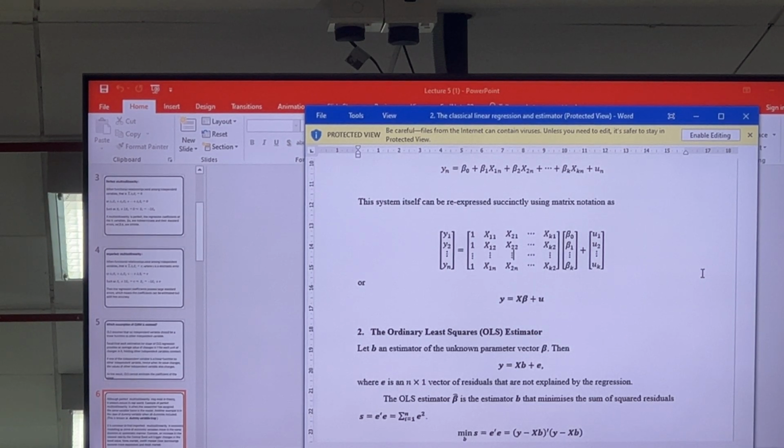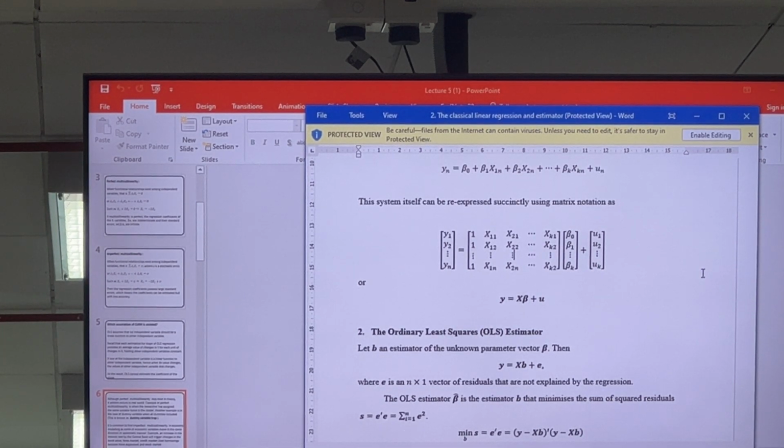So later we will discuss in detail. When we want to include dummy variables for different categories, we should not include dummy variables for all categories, we should exclude one. Let's say for male and female, you just need to include one, either male or female. You cannot include both.